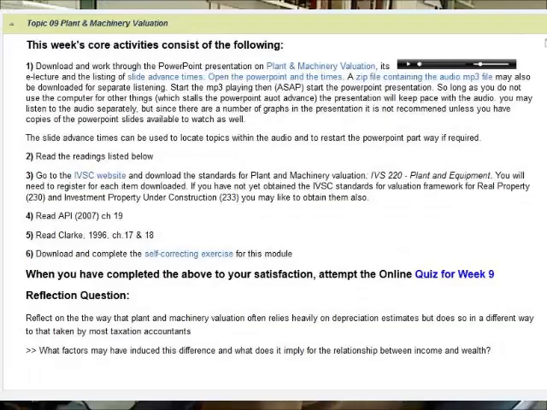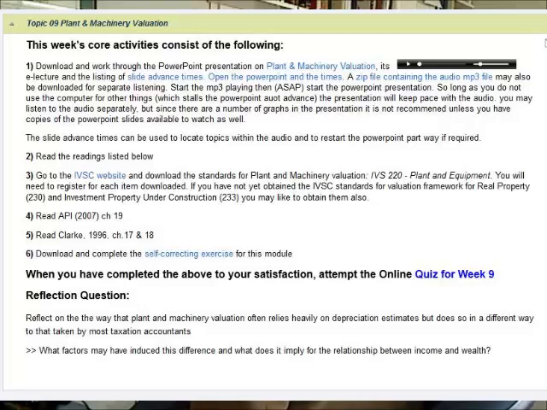Moving along to topic 9, we get to plant and machinery valuation. Plant and machinery valuation is a particularly interesting area of property because it deals with non-real estate property and the valuation challenges associated with it. Like real estate valuation, we revert back to the IVSC for the basic standards for plant and machinery valuation.